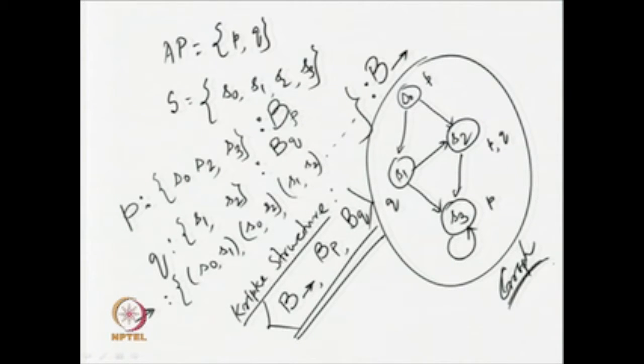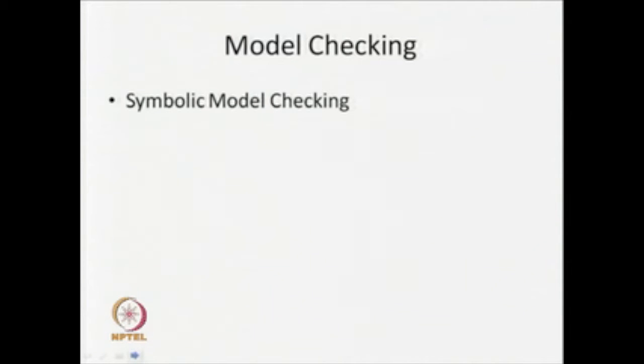Since we are using BDDs to represent this Kripke structure, can I use this ROBDD representation to come up with a model checking algorithm? In this case it is possible, and we are going to call this symbolic model checking. If OBDDs are used to implement our model checking algorithm, then we say this is the symbolic model checking algorithm.